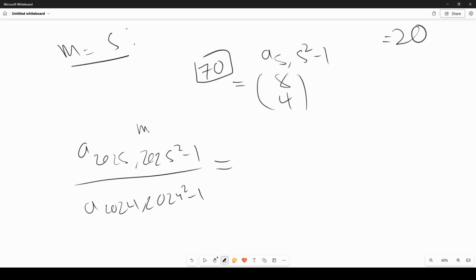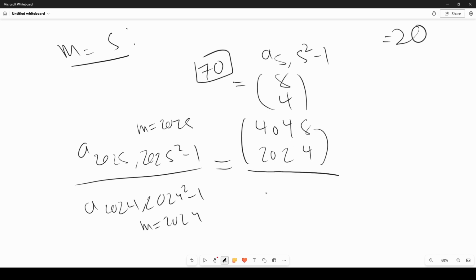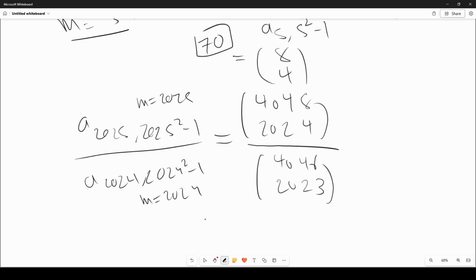So this is m equals 2025, and this is m equals 2024. Plugging that into our equation, we get that this should be 4048 choose 2024. And this one should be 4046 choose 2023.